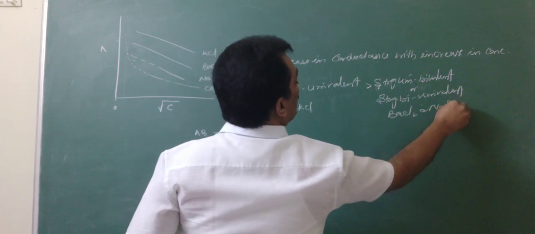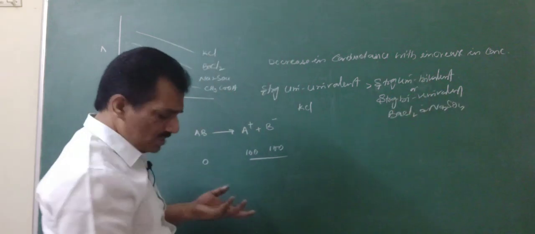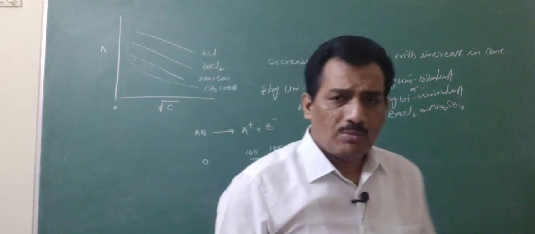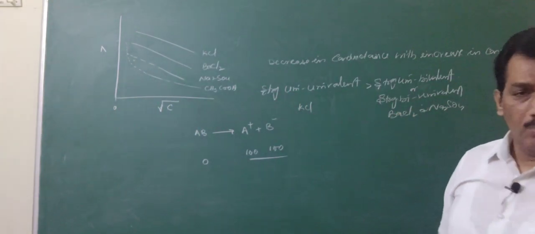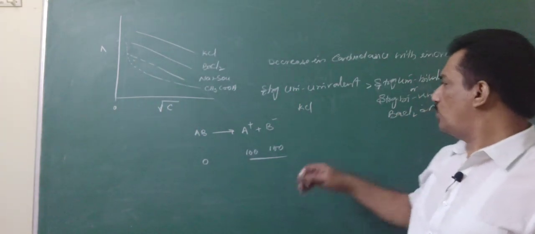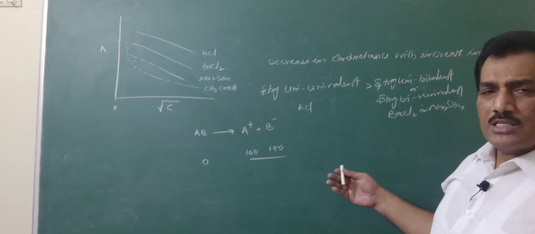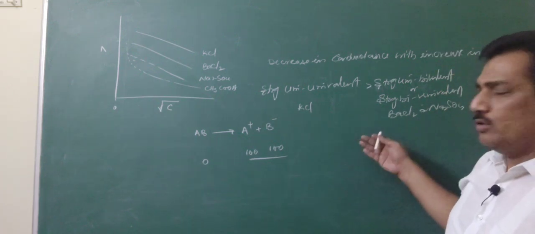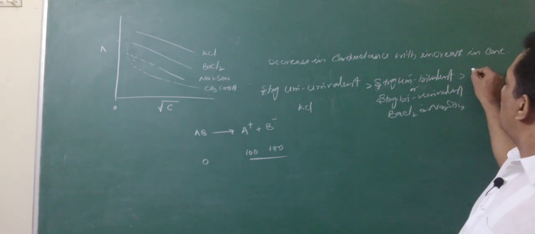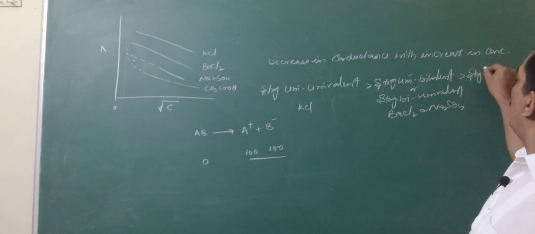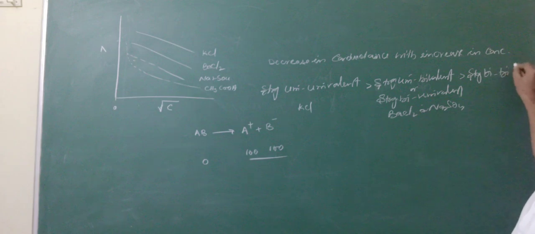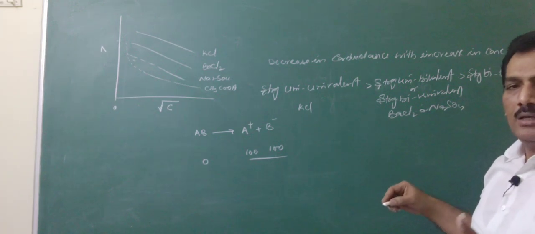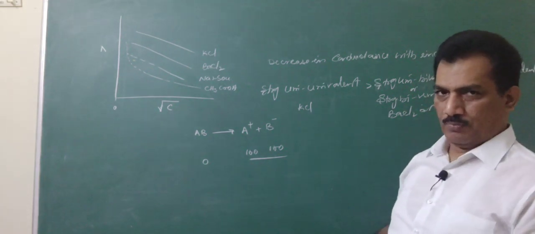I think you know these two words. Uni means unity, 1, and bivalent means 2, either -2 or +2. If it is -1 or +1, it is univalent. And then strong bivalent, that means both ions have +2 and -2 charges.